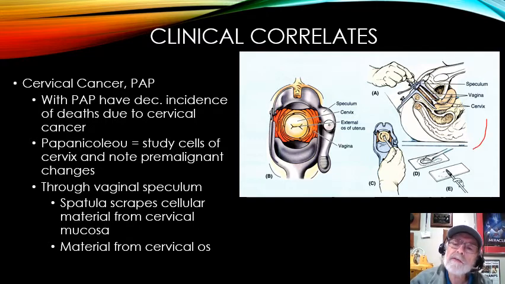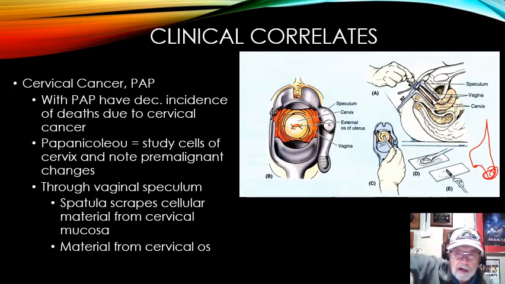They stick this part in the cervical os and twirl it around. That becomes a pivot as they twist this part. This part gains some cells as it scrapes the cells of the cervix, and they get the cervical cells from around the outside of the cervical os, going all the way around.